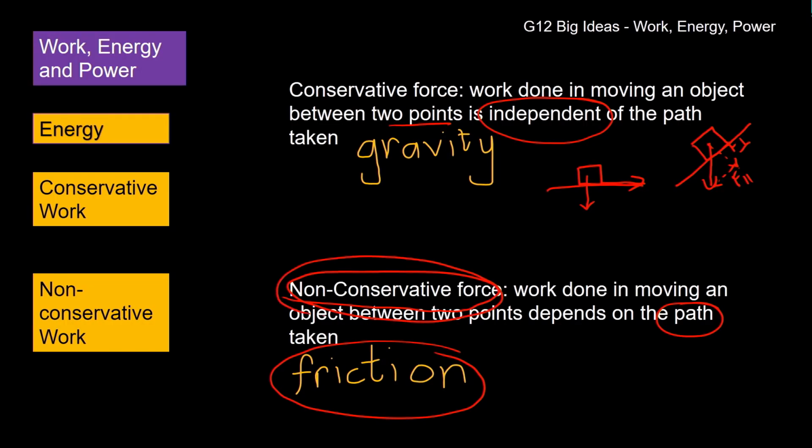So a non-conservative force is dependent on the path taken. And a big one here is friction. Friction is a non-conservative force. It depends on how far the object is sliding on the surface, so it depends on the path, and the work that results from that is called non-conservative work.